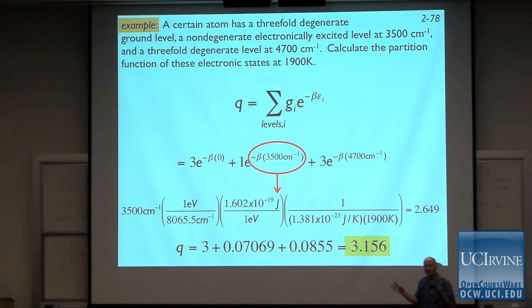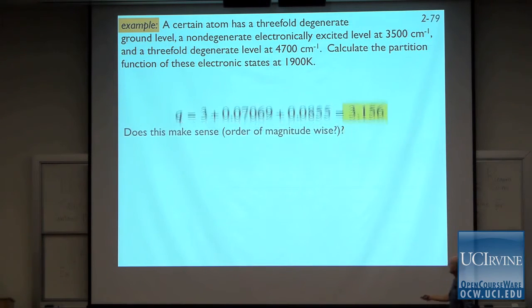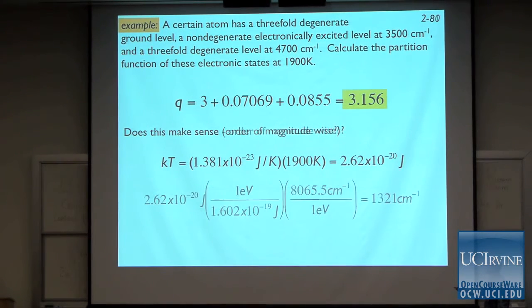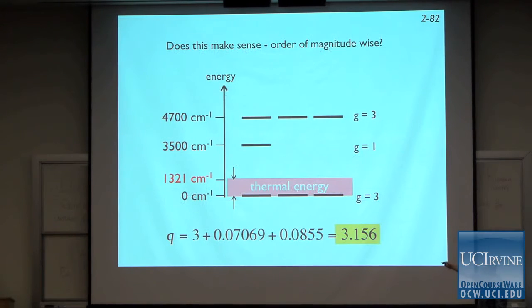Does that make sense? What is the partition function? It's the number of thermally accessible states. How much thermal energy is there in this system? What is kT? If you convert 1,900 Kelvin into units of wave numbers, it's 1,321 wave numbers. So what this calculation tells us is that there should be a little more than 3 thermally accessible states in this system.